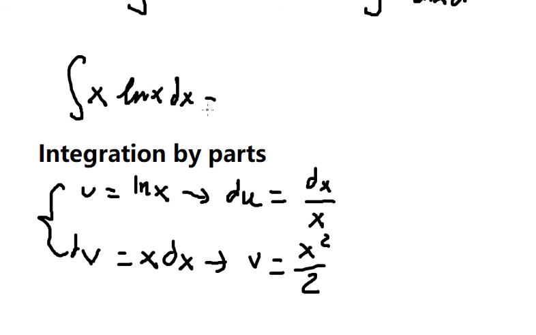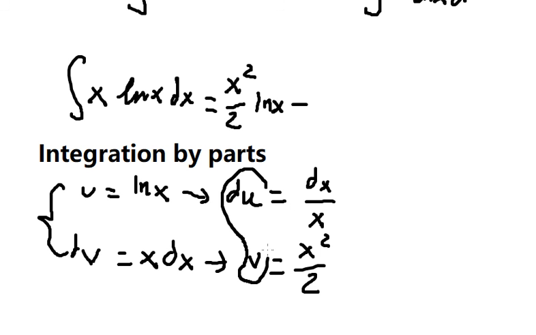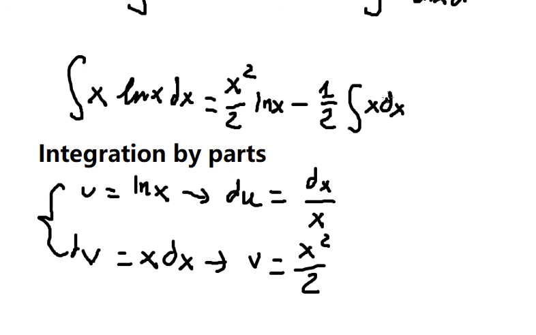Now we have u multiplied by v minus the integral of v du. So s squared divided by s, you get s. The integration of s ds, we have s squared over 2. And we put c2, we have 4.